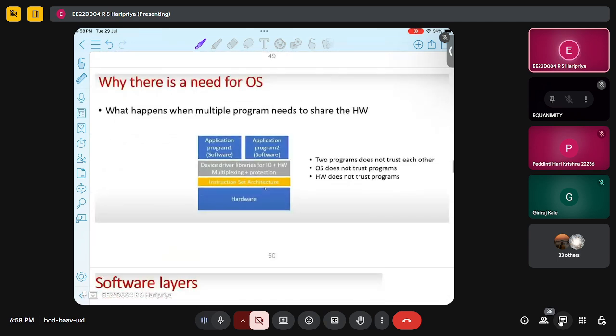So what happens when we have multiple programs and we want to share this hardware? This hardware means the resources: the memory, the compute system or the IO system. The application program wants to access this hardware.